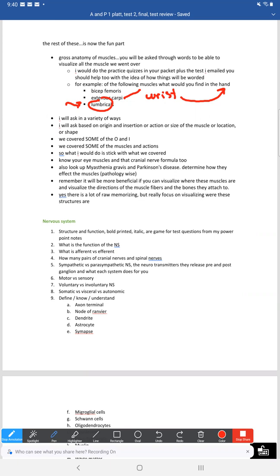But technically, the arm is the area of the humerus, and the forearm is the area of the radius and ulna. So if the question said, of the following muscles, what muscles would you find in the arm? Oh boy, what are you going to do?